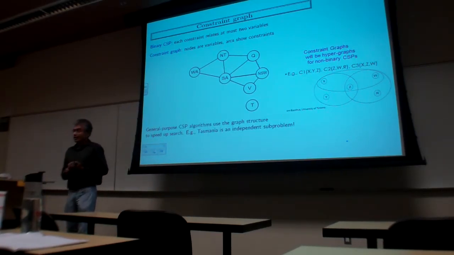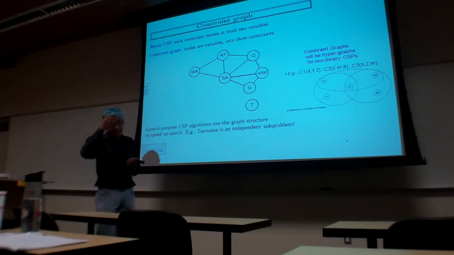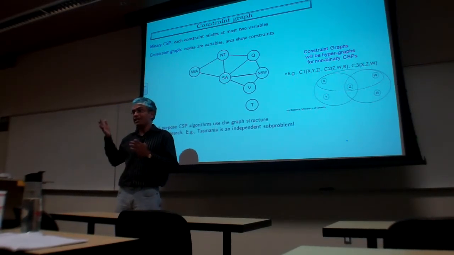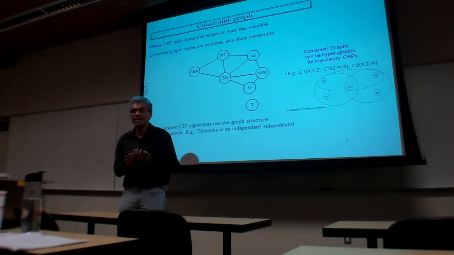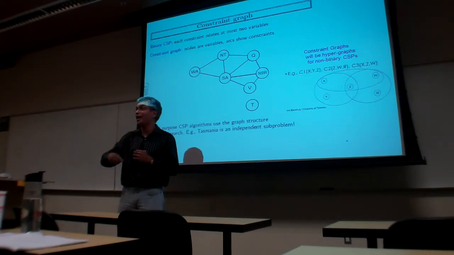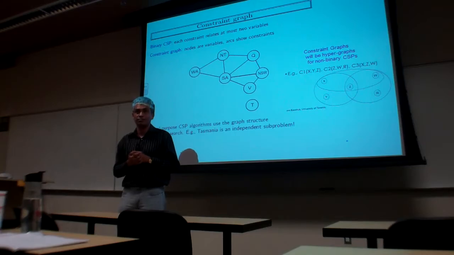I said SAT is a CSP, right? Now, there is a kind of CSP called binary CSP, which means all constraints are between exactly two variables. There's a kind of CSP called Boolean CSP, where each variable has exactly two values, true and false. Now I want to talk about Boolean binary CSP.